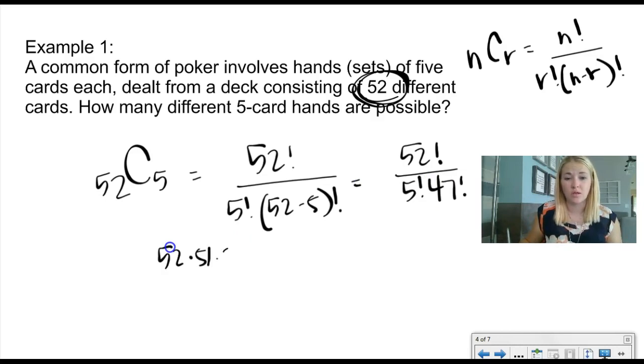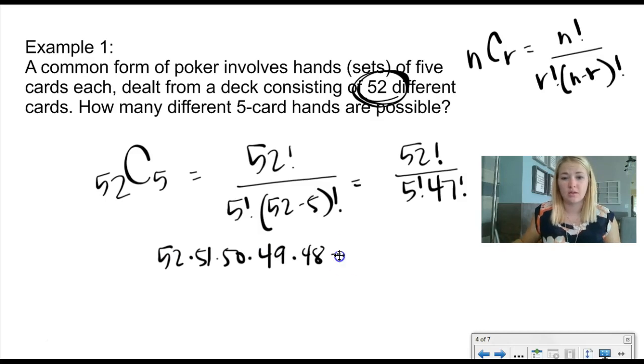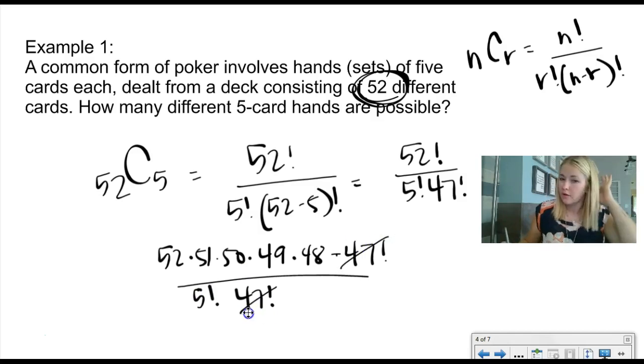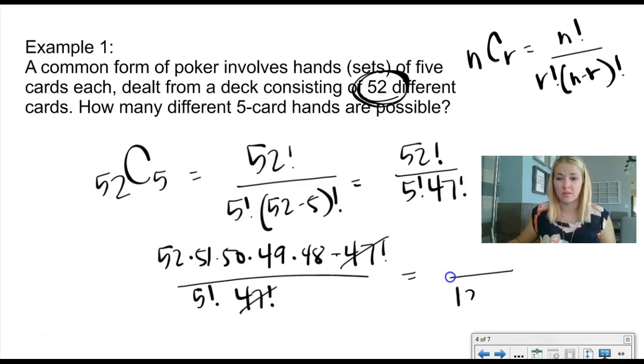52, 51, 50, 49, 48, 47 factorial over 5 factorial, 47 factorial. Notice the 47 factorials are going to cancel. 5 factorial is 120 on bottom, and then I just have the stuff on top to multiply out.